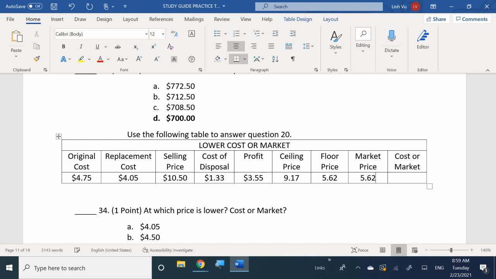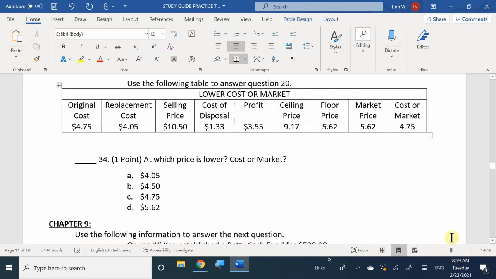So because it's in the middle between 9.17 and 4.05, 5.62 is right in the middle. Again, now the question is, which one is lower? Is my market price lower, or my original cost lower? In this case, my original cost of $4.75 is in fact lower. So your answer is going to be C.